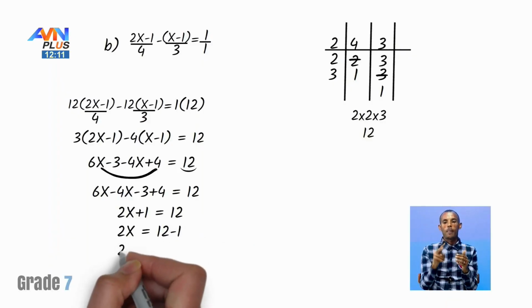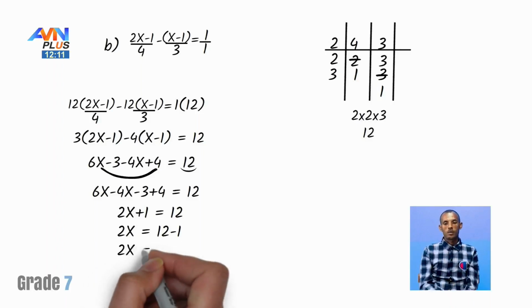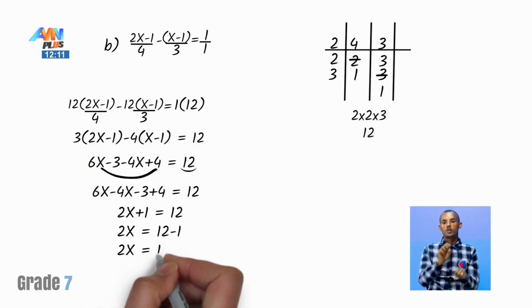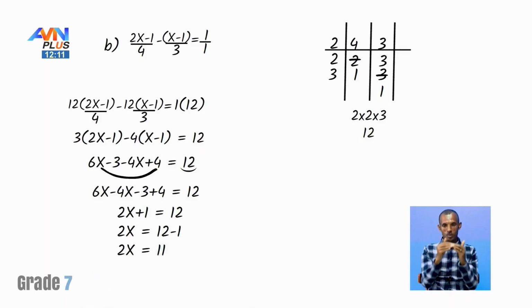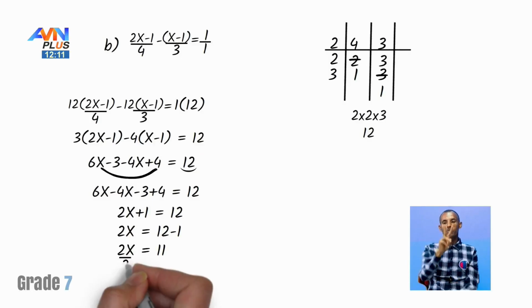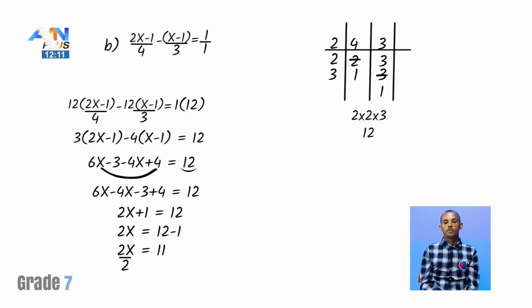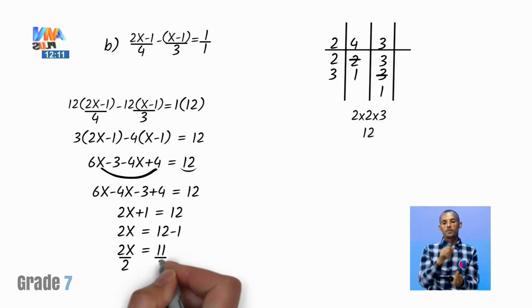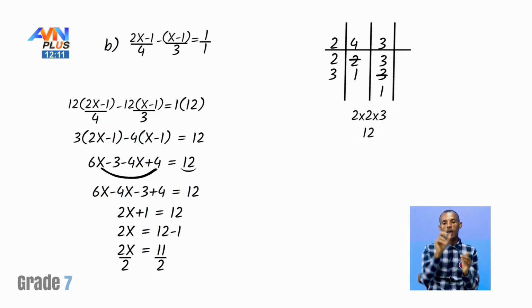Shifting 1 to the other side, it becomes minus. So 2x is equal to 12 minus 1, which is 11. Divide both sides by 2. This cancels out. x equal to 11 over 2 will be the final answer.